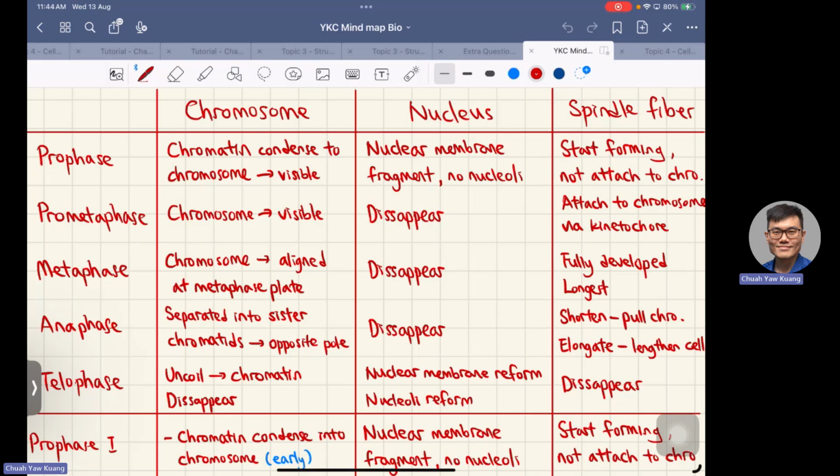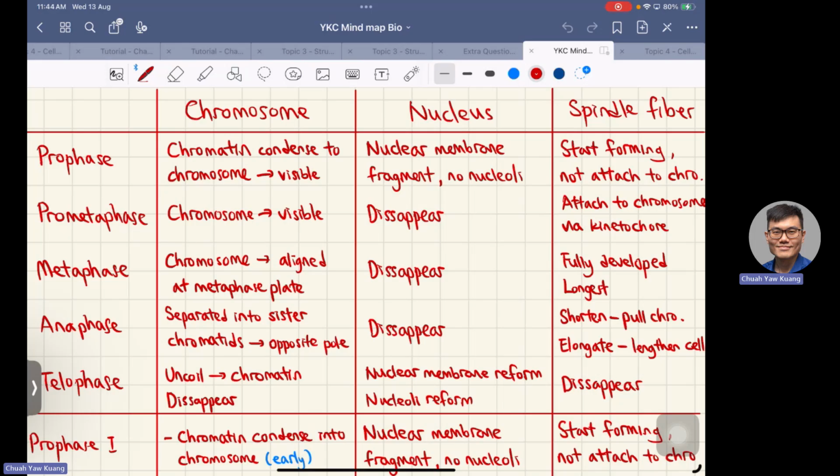Normally, for most cells under the microscope, whenever the nuclear membrane starts to fragment, the nucleoli or nucleus normally disappear. But sometimes they will still appear. But this is not the key point to identify the phase. But nucleus behavior is like this.